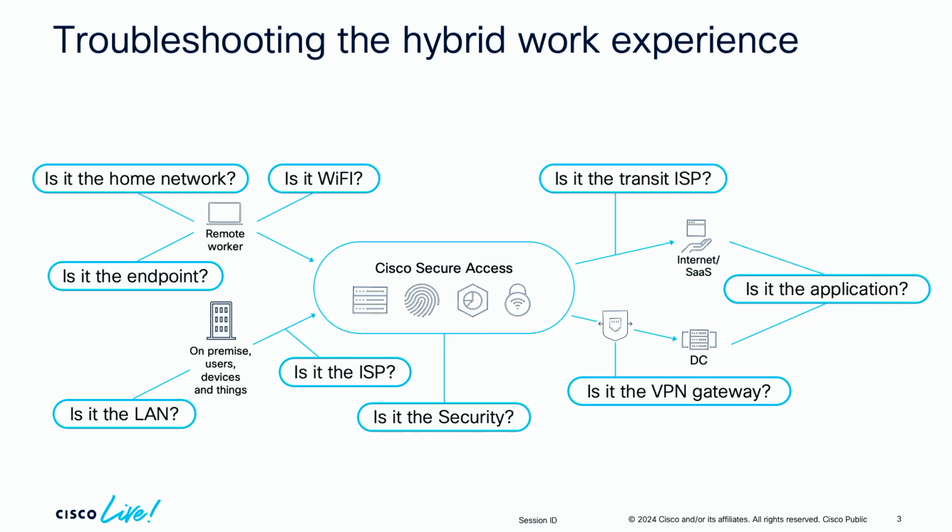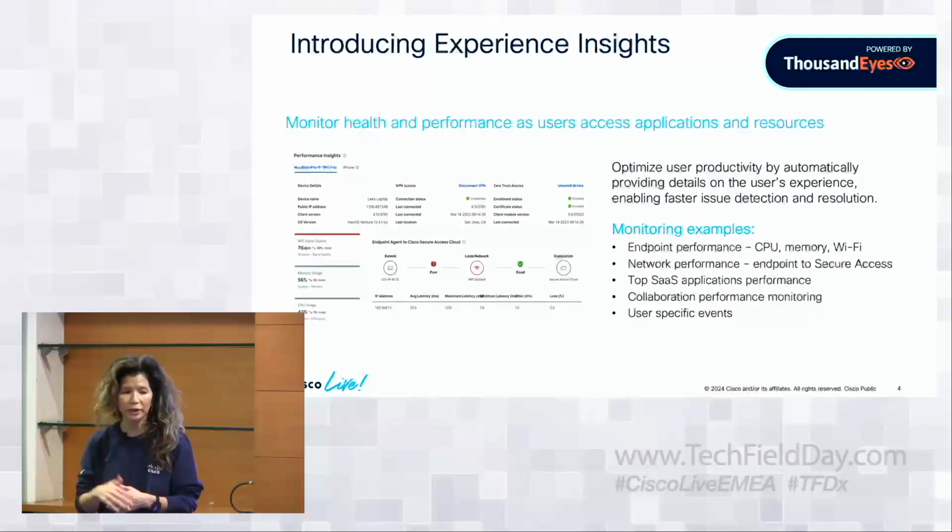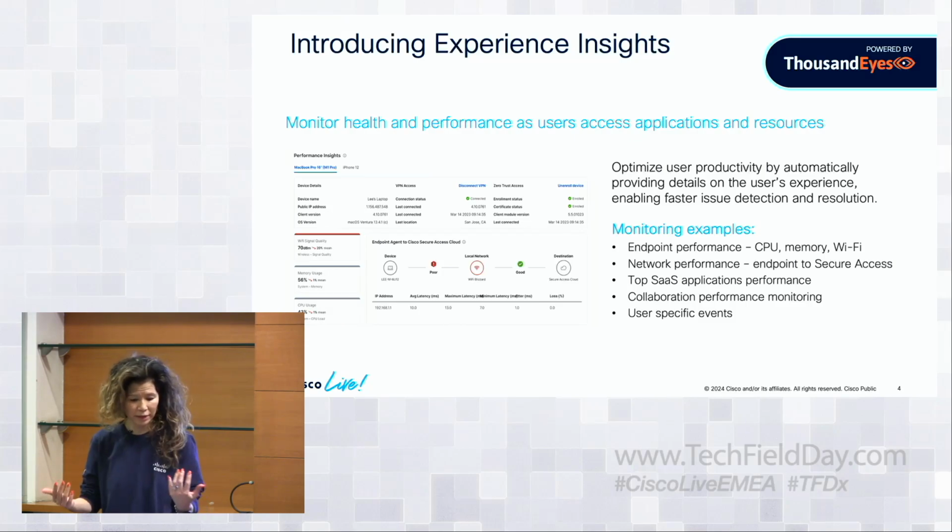Or if it is, maybe there are some performance issues trying to reach that particular application. We want to provide all of these insights for the administrator to help their connected users, and we're doing this with our new feature called Experience Insights that's built into our Secure Access solution.